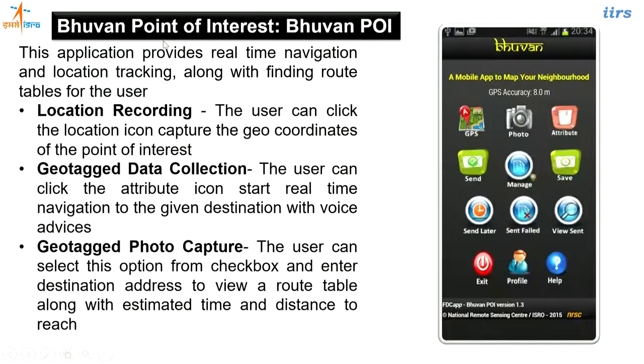Another example is Bhuvan Point of Interest or the Bhuvan POI. This is again one mobile application that is developed at NRSE, at ISRO Hyderabad. Now this also allows location recording, geotagging, data collection, and geotagged photo capture of any feature. Whichever feature is of your interest, you can capture with the help of this mobile app. It is also available in your Bhuvan Geo portal.